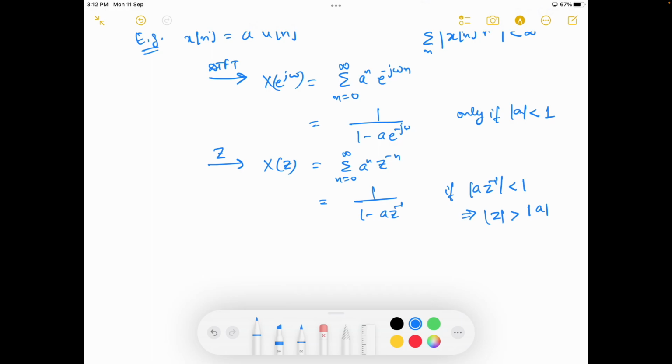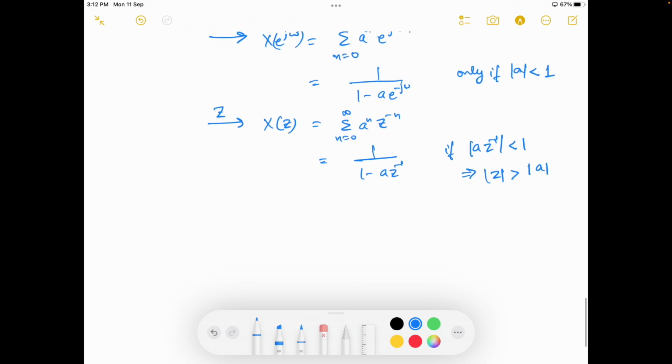So that's the advantage of using the Z-transform, that I'm able to represent my signal in a very compact form, and I can work with it. And let's say my a is somewhere here, the region outside here, so my z can exist here. This is called the region of convergence. Because if my z lies in this region, then the series will converge. Therefore, it's called the region of convergence.